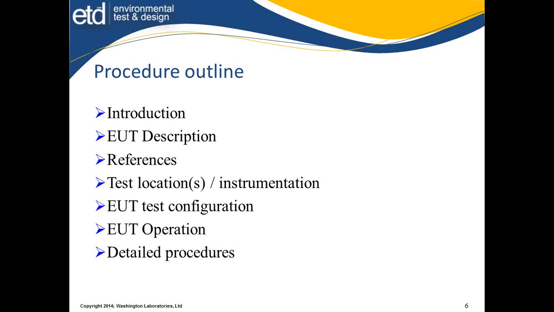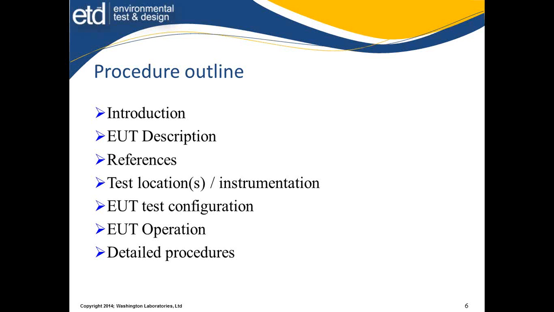So each one of these topics I will go through as part of the detail that we're going to mention today. The introduction, what are we going to do, description of the test article, any references, how are we satisfying the contract callouts, locations and instrumentation, how are we going to configure the unit and how are we going to operate it.